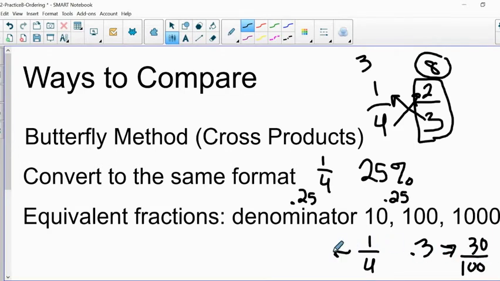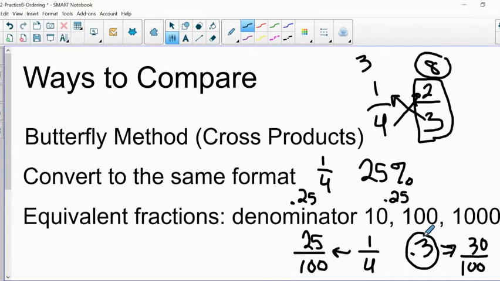So for 1/4 as an equivalent fraction, I know 4 goes into 100 25 times, so 1/4 is 25 over 100. Comparing the two fractions, I see that 30 over 100 is bigger, so 3/10 is the bigger number.